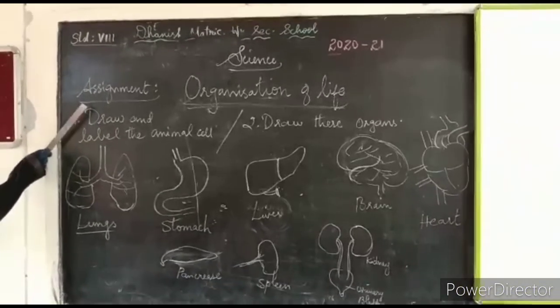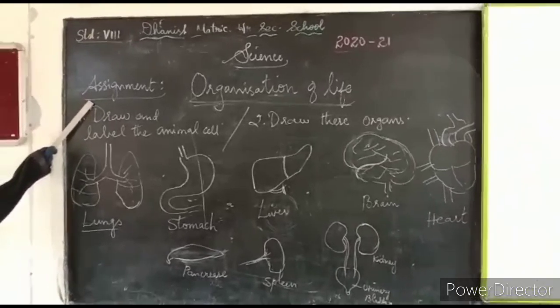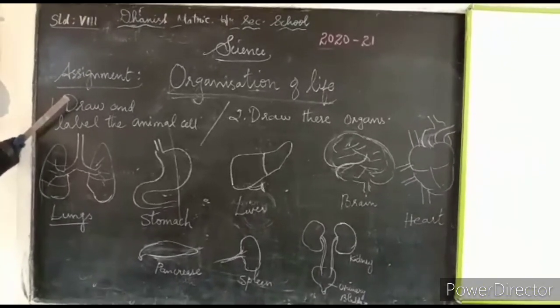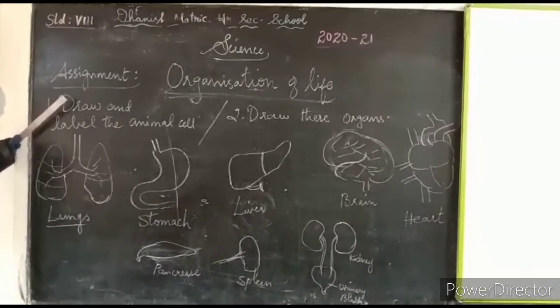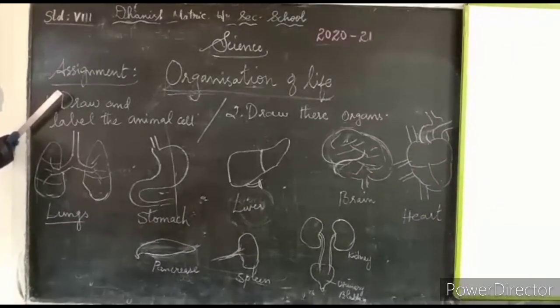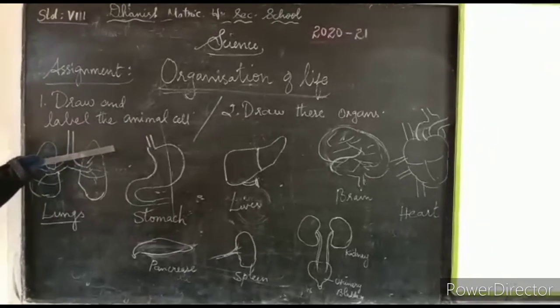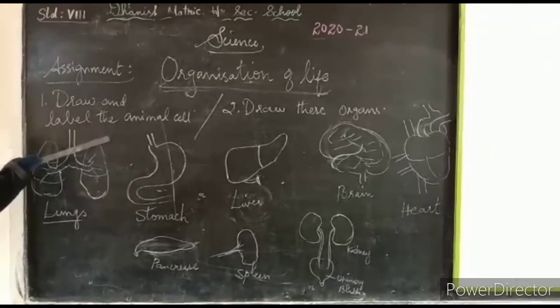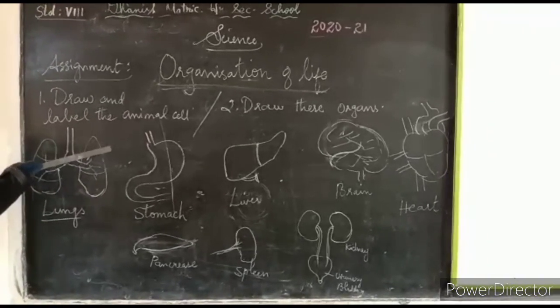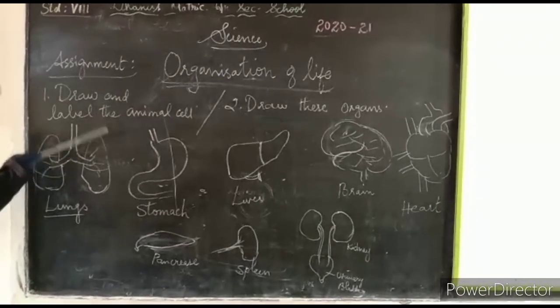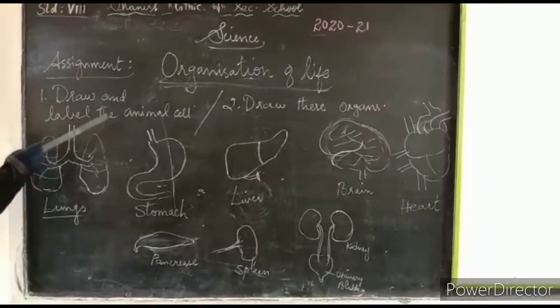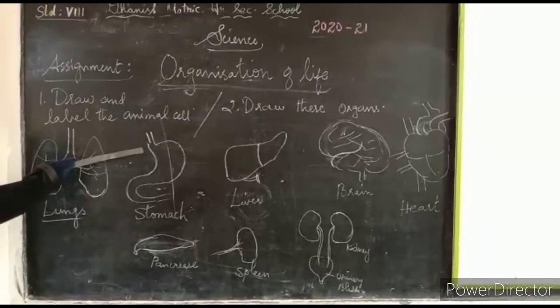Now children, this is the time for your assignment. First of all, I taught you about the cell. In that, I taught you the animal cell. So you have to draw and label the animal cell. Wherever you are drawing, you must draw with the help of your pencil. All the parts should be marked with the pencil.